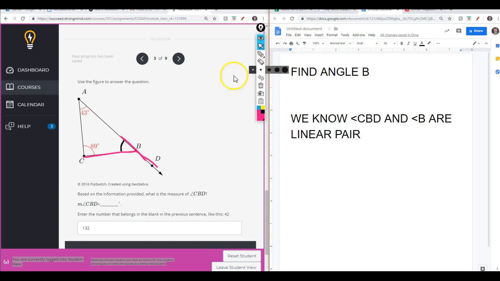So find angle B. Again, the inside of a triangle is 180 degrees. So I'm going to take 180 degrees and subtract the two angles that we have, which is 89 and 43.